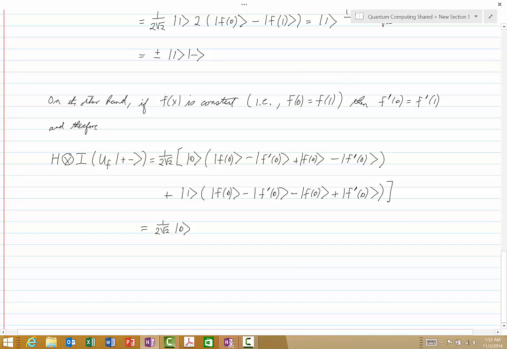and then in the first parentheses, we have 2 times f of 0 minus 2 times f prime of 0. So 2 times f of 0 minus f prime of 0.